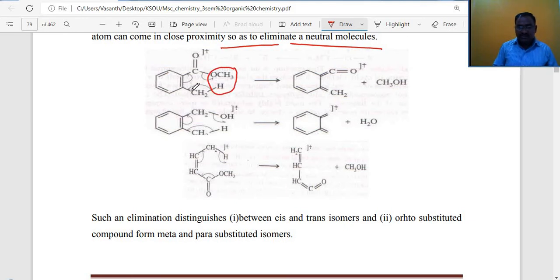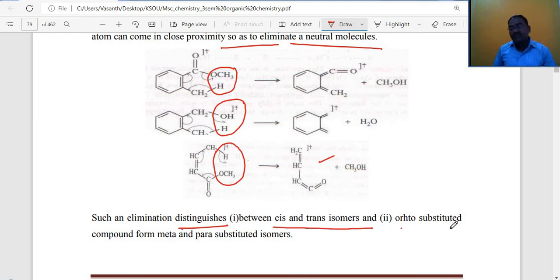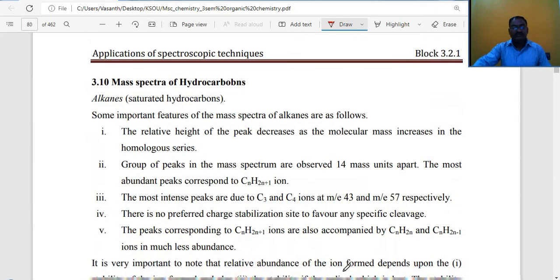Here a double bond is there, here a single bond is converted into a C double bond. Here also to eliminate this water molecule. Here also, to remove this molecule, we get this product. Such elimination distinguishes between cis and trans isomers, and ortho disubstituted compounds from meta and para substituted isomers.